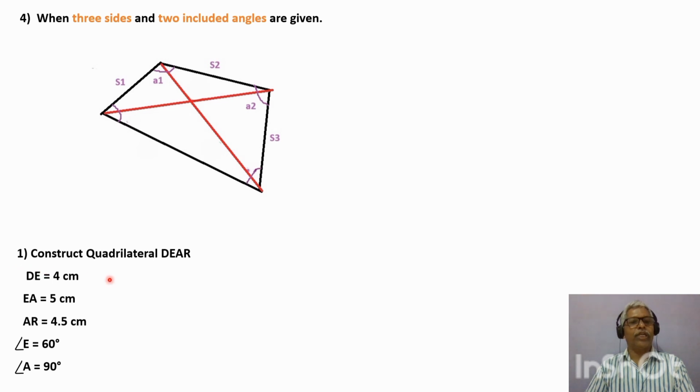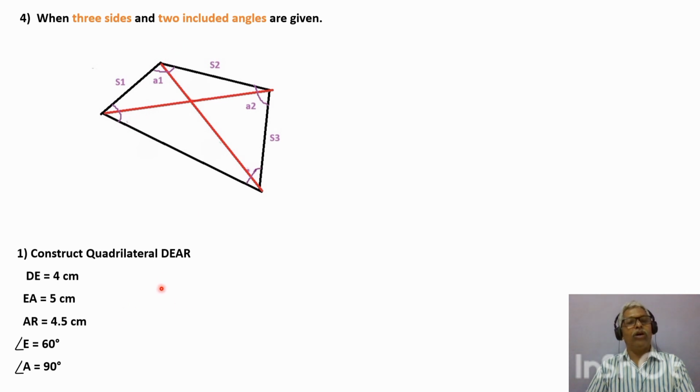First one, construct quadrilateral DEAR. DE is 4 centimeters, EA is 5 centimeters, AR is 4.5 centimeters, angle E is 60 degrees and angle A is 90 degrees. We will copy it down on the paper where we will be drawing this.